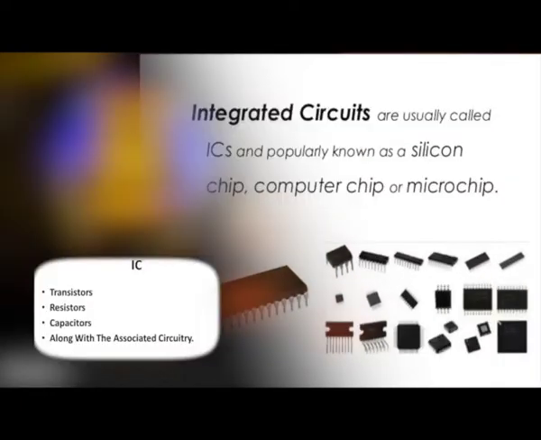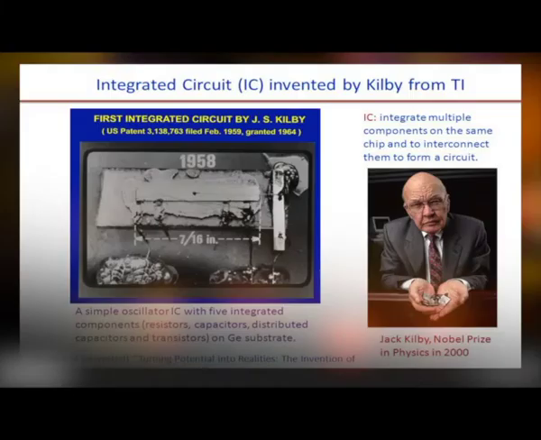A single integrated circuit has many transistors, resistors and capacitors along with the associated circuitry. The IC was invented by Jack Kilby of IBM. This development made computers smaller in size, reliable and efficient.